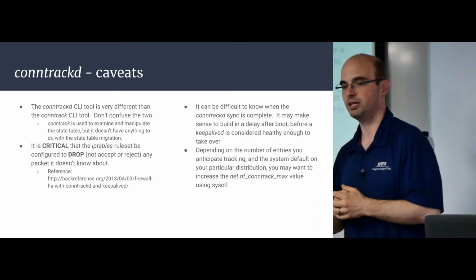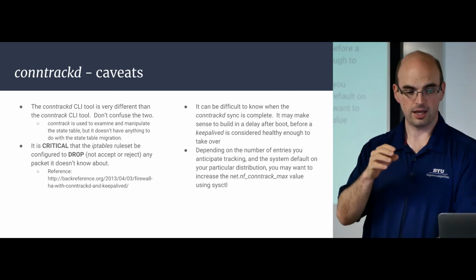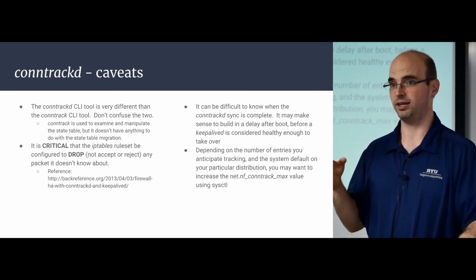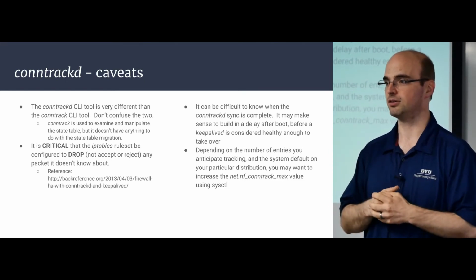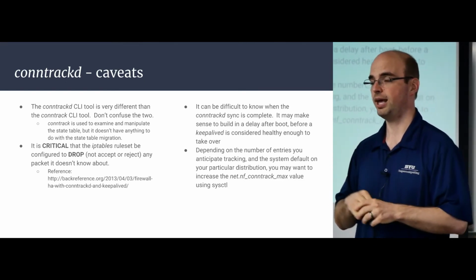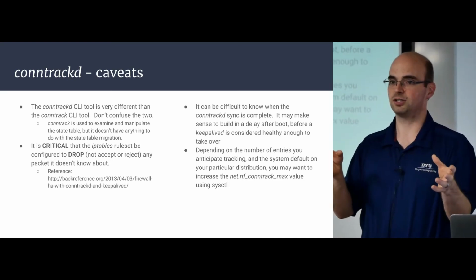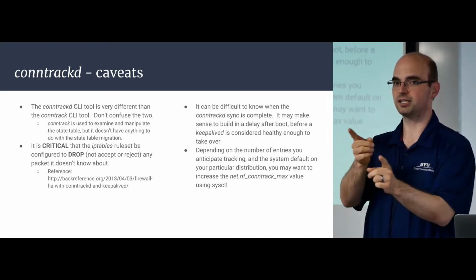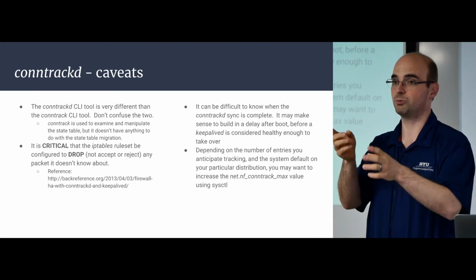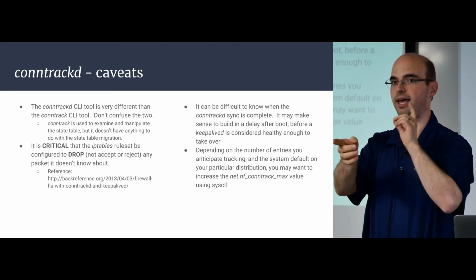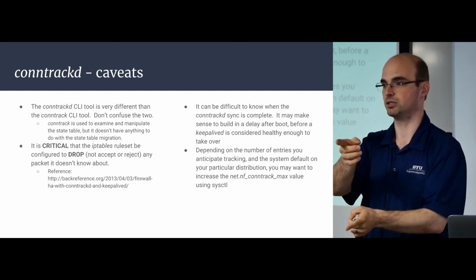Also, one of the interesting caveats here is that if your iptables rule set is set in such a way that it accepts by default, you can have problems. Let me paint a scenario for you. A failover event occurs. There's a slight race condition between which happens first, the IP failover and gratuitous ARP, and the committing of the external to internal tables.